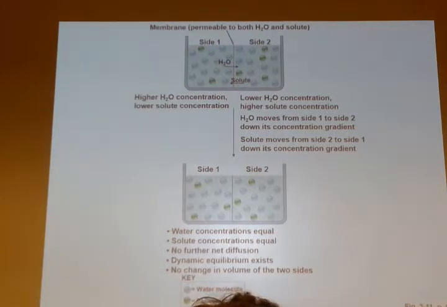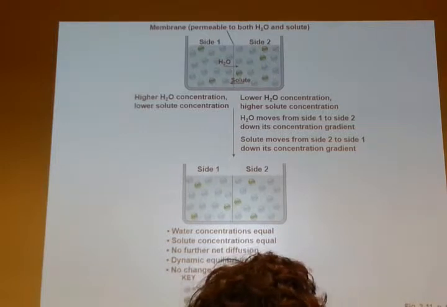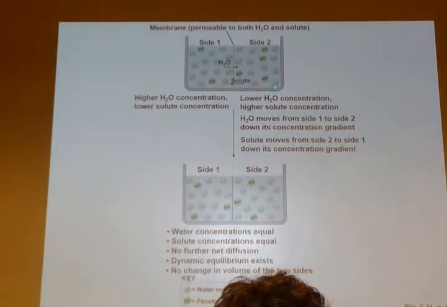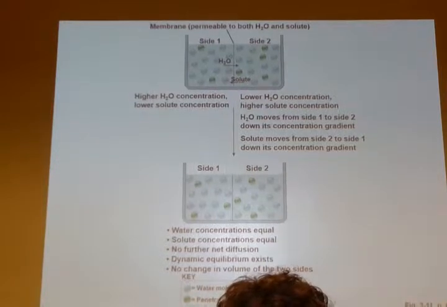So you have water moving first, down its concentration gradient. Where is water in lowest concentration? Where solute is in highest concentration. That happens first. Then solute will do its diffusion. So if you have a ratio of 2 to 4, then only 1 can go to side 1, from 2 to 1.